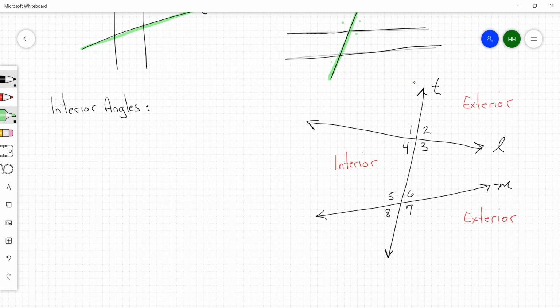The interior angles in this diagram are angles 3, 4, 5, and 6. Hopefully you can see why, because they're located in the interior of this diagram. They are between the two lines.